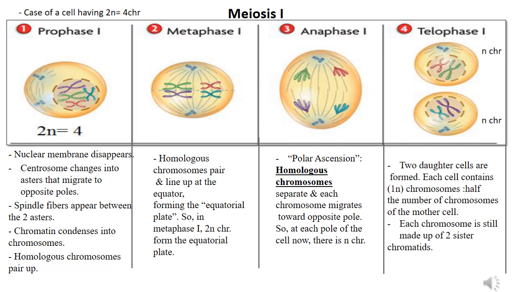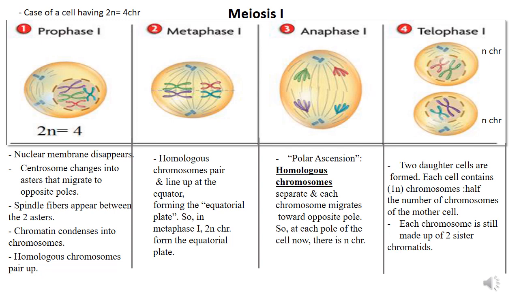However, in prophase of mitosis, there is no pairing up of homologous chromosomes. The chromosomes are distributed randomly in the nucleus. So, this is for prophase 1. And note here that every chromosome, of course, has 2 chromatids.